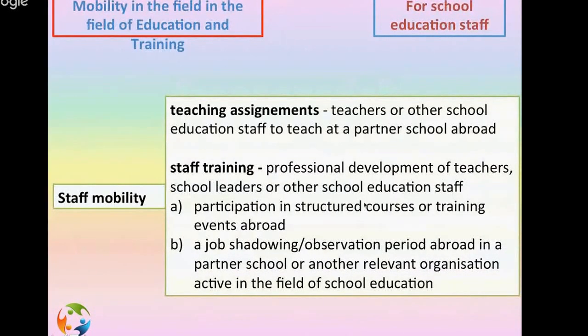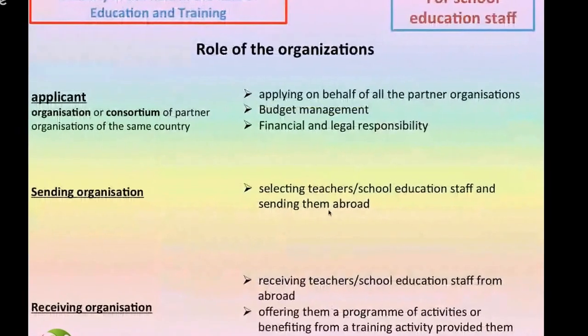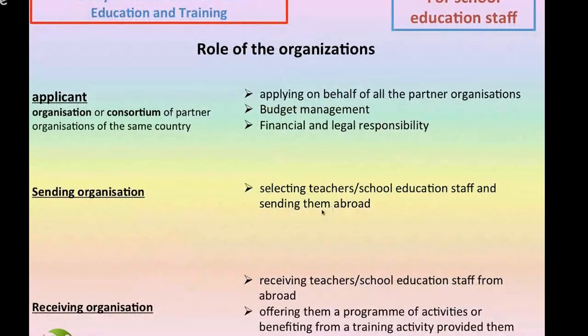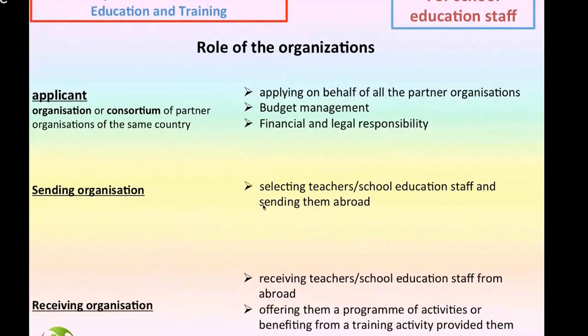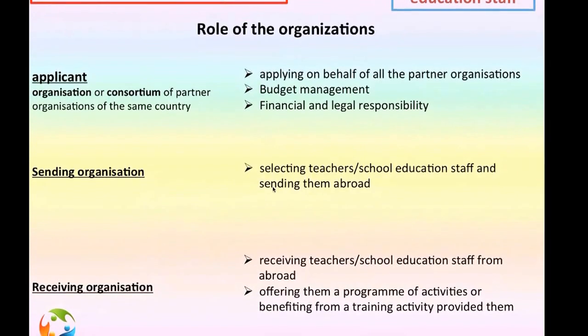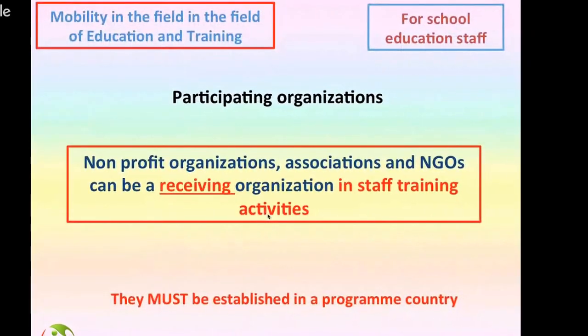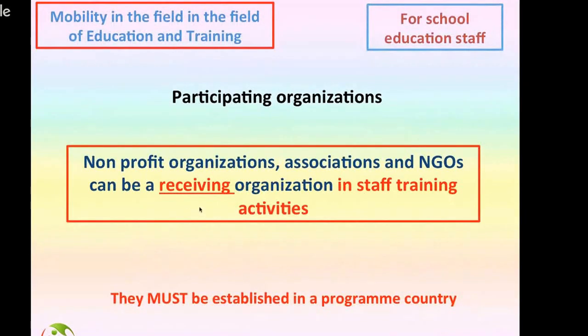The third category is for school education staff. And here we have, for staff mobility, teaching assignments and staff trainings. The role of the organization, this time we don't have a coordinating organization, we have only the applicant, the sending and the receiving organization. And again, the non-profit organizations, the associations and NGOs can be receiving organizations for the staff training activities.